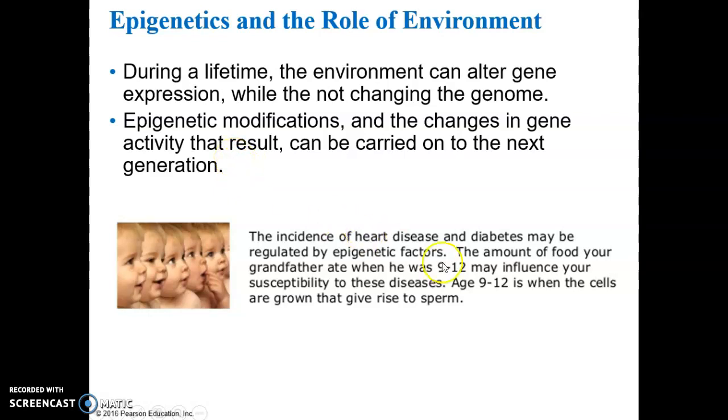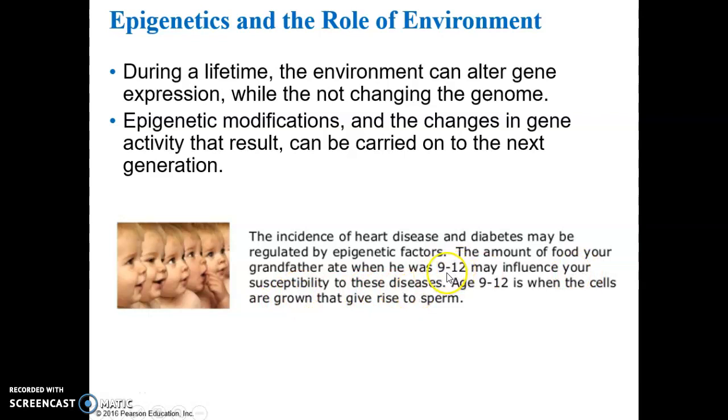So for example, the incidence of heart disease and diabetes can be regulated by epigenetic factors, something that's simply outside of our genes, the influence of the environment, for example. So the amount of food that your grandfather or grandmother ate when they were 9 to 12 years old, so if they went through like the Depression and they were malnourished and basically starving during this time, that may influence your susceptibility to certain diseases.